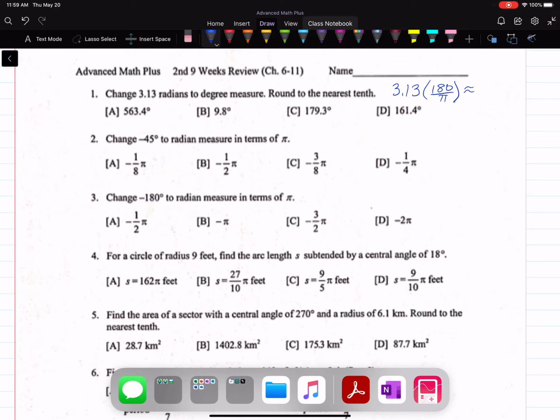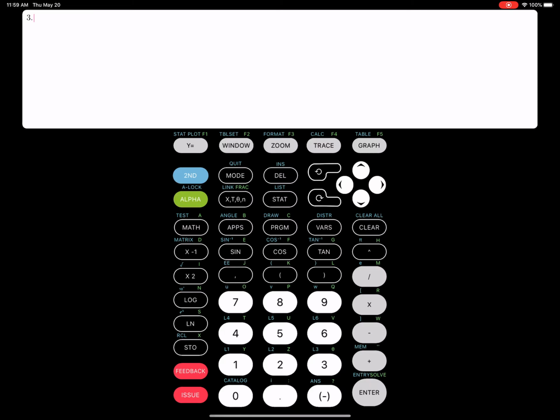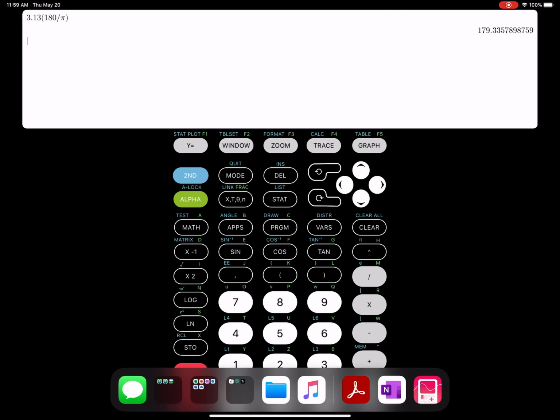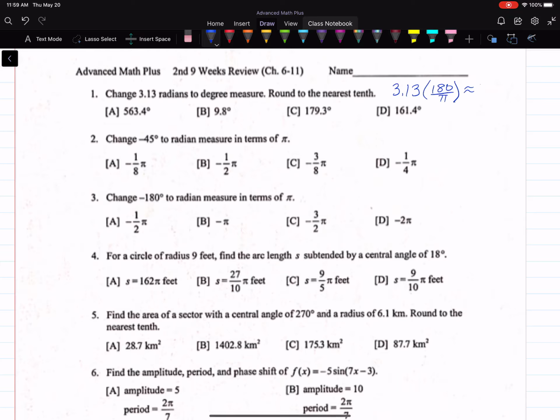So if you have a calculator handy, you just say 3.13 times 180 divided by pi, and you hit enter. 179.335. So we'll just say 179.3, which would be C.